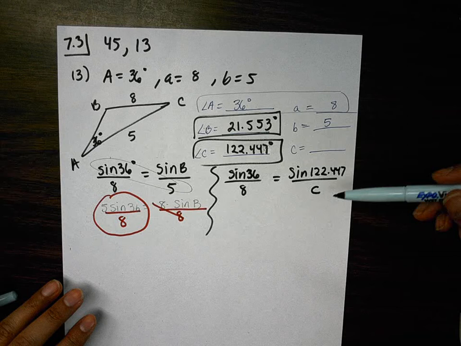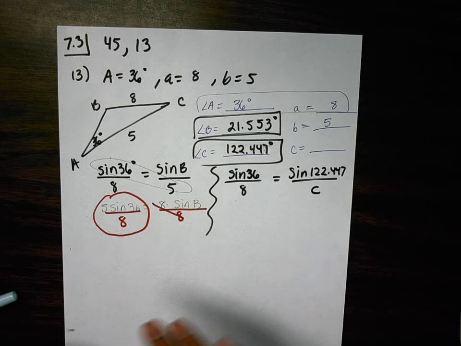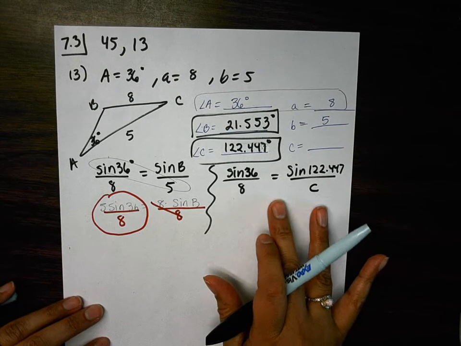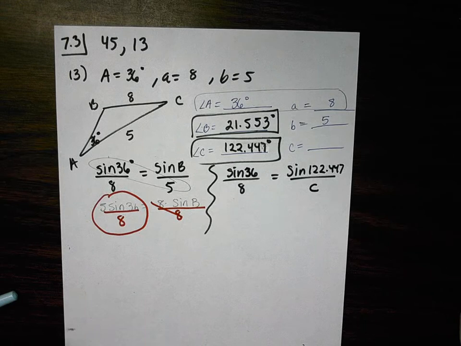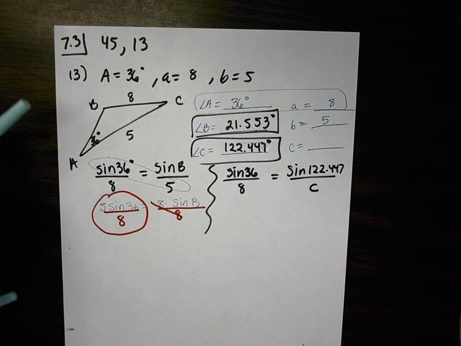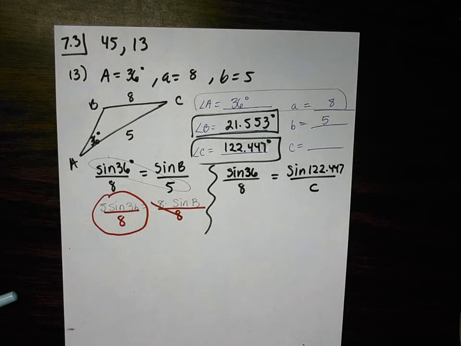No inverse, because I'm not looking for an angle, I'm looking for a side. Can you guys finish this solving part off on your own? Cross multiply and divide. All right, while I get ready to do number 45, I'm going to have you take out your scientific calculators if you've not taken them out already. If you do need one, you can come on up and grab one.